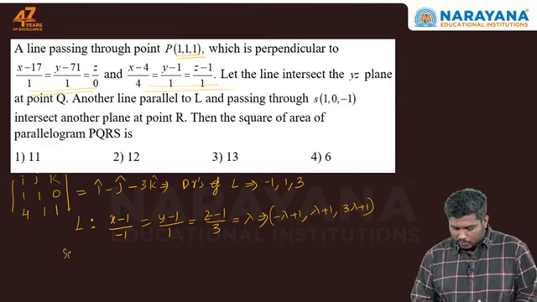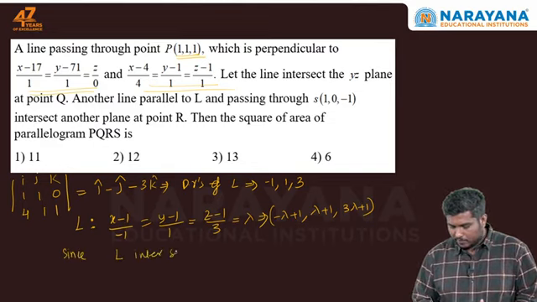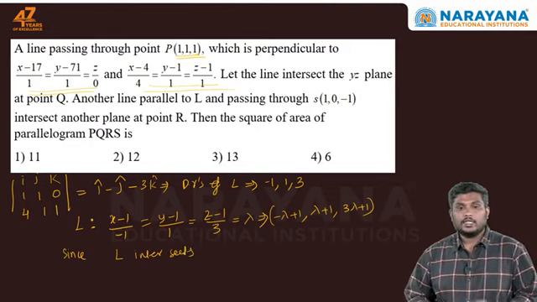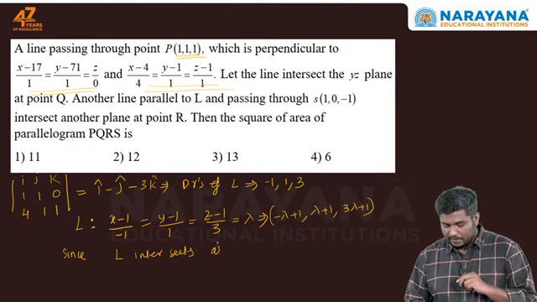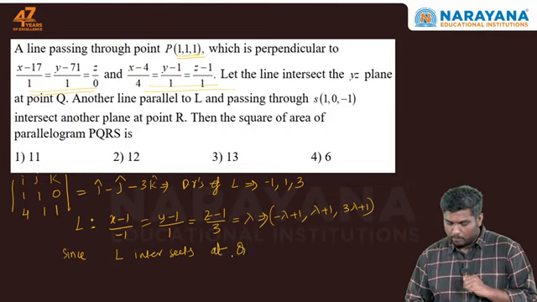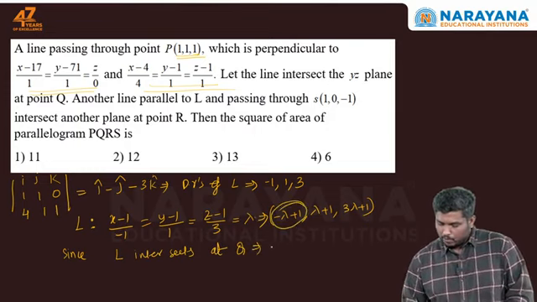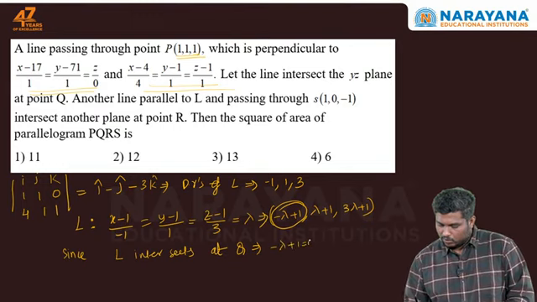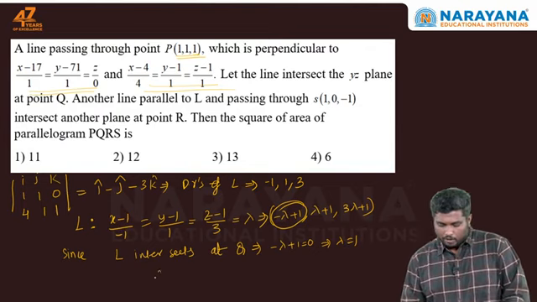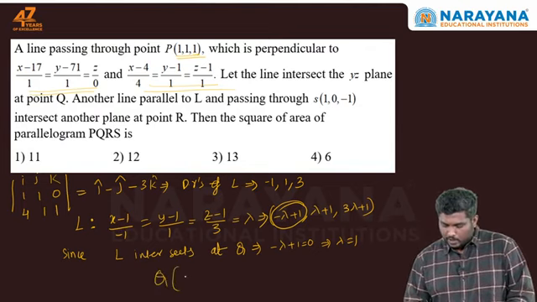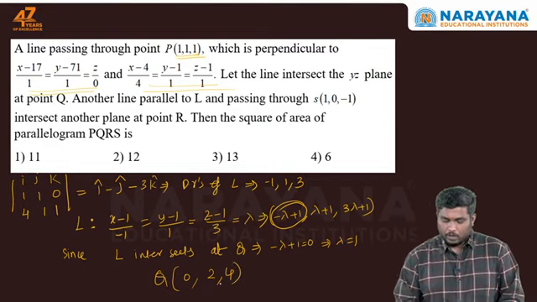Since L intersects plane yz at Q, the x-coordinate has to be 0: minus lambda plus 1 equal to 0, which implies lambda is equal to 1. So I get the coordinates of Q: Q will be (0, 2, 4).